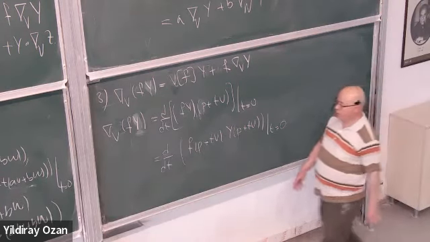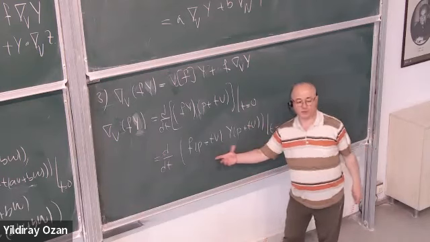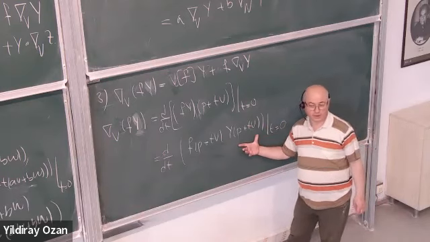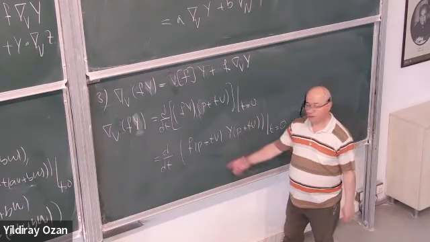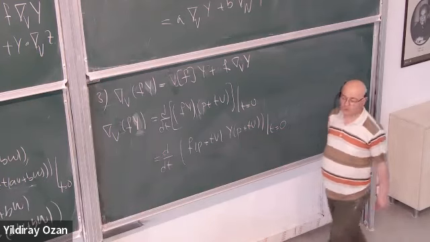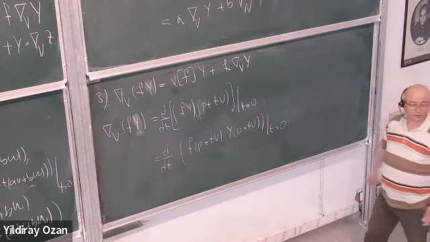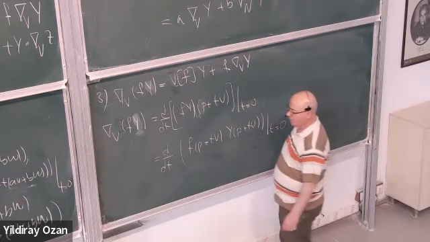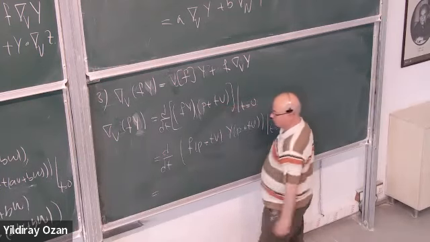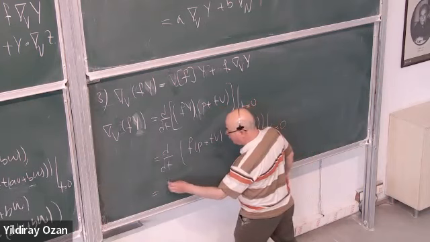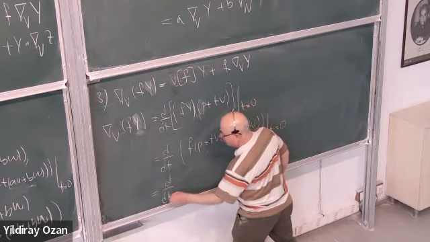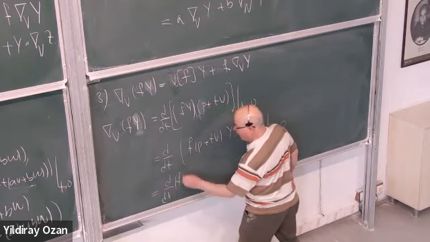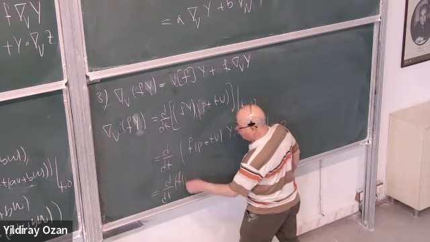See here I have two expressions, a function times another function, right? These are two functions. One of them is scalar valued, the other one is vector valued, but it is a product of two functions and I take the derivative. Well, we use the Leibniz rule. Derivative of the first guy, so d dt of f of p plus tv at t equals 0, times this object at t equals 0.